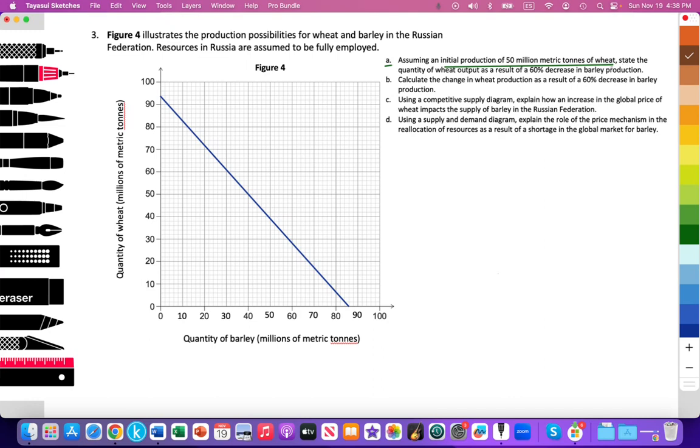State the quantity of wheat output as a result of a change in barley production, a decrease in barley production by 60%. So we have to illustrate a decrease in barley production by 60% and then figure out what is the quantity of output of wheat. Great.